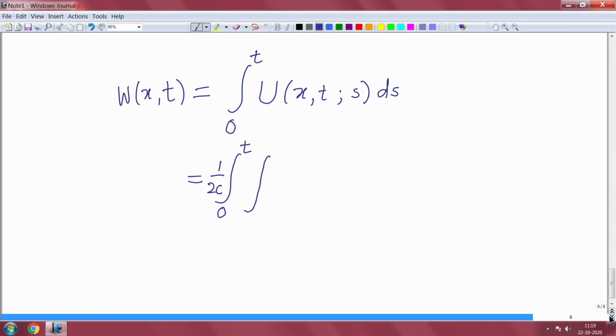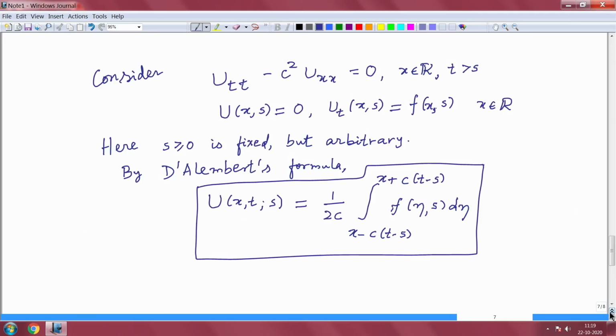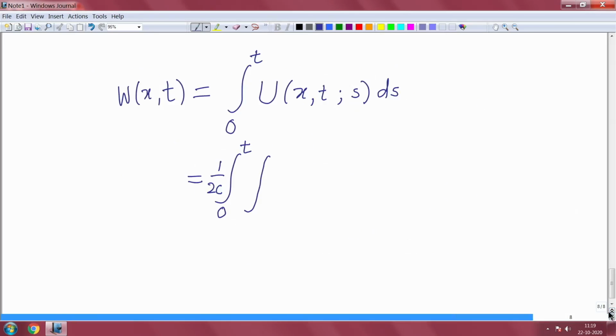So, just have a look there, this is u, the integral from x minus c(t minus s) to x plus c(t minus s) of f of eta, s, d eta.